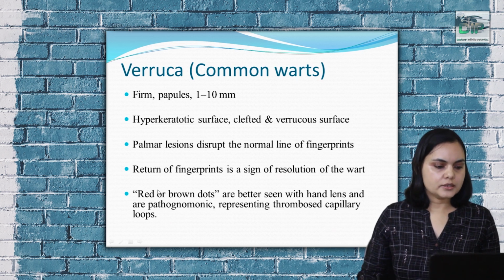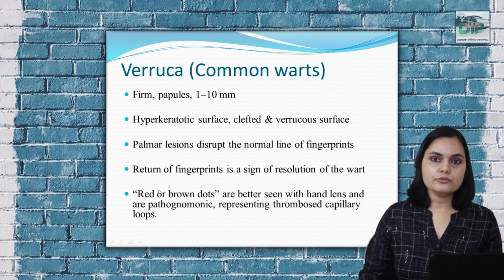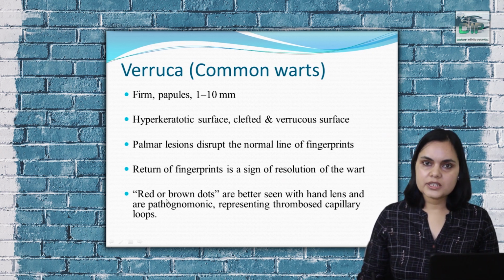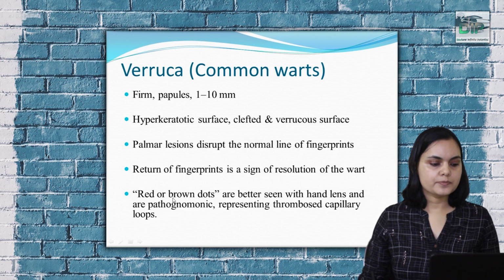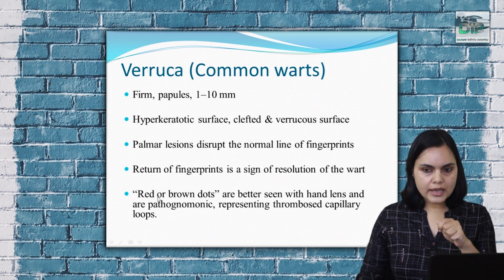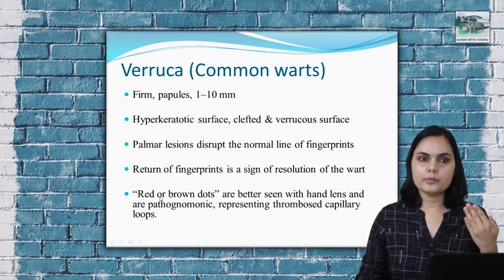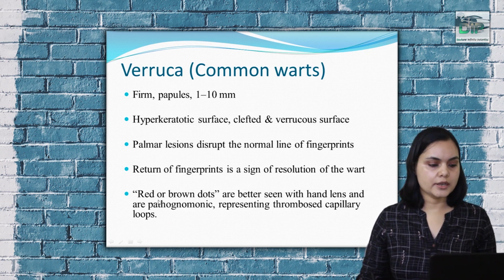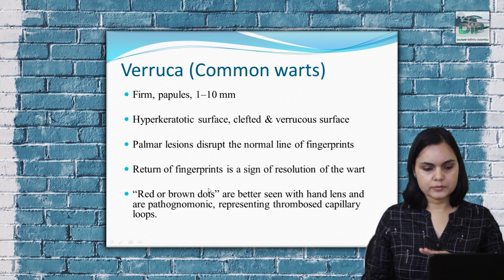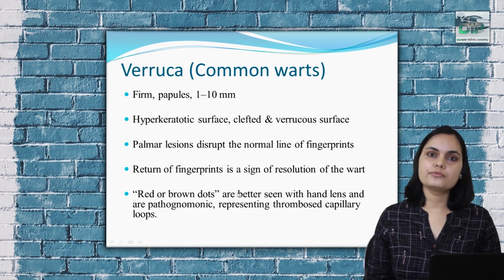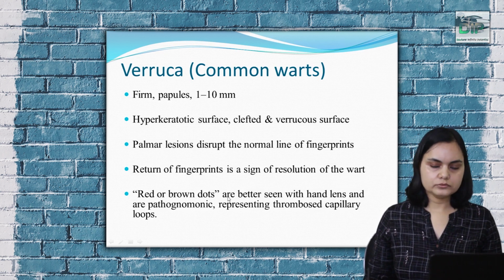Sometimes it can be commonly confused with corn. This is one of the commonest differential diagnoses of wart, and many are confused with this. To differentiate, we can pare off the uppermost layer of the skin, and we can appreciate reddish brown dots in case of wart, whereas that is not found in case of corn.